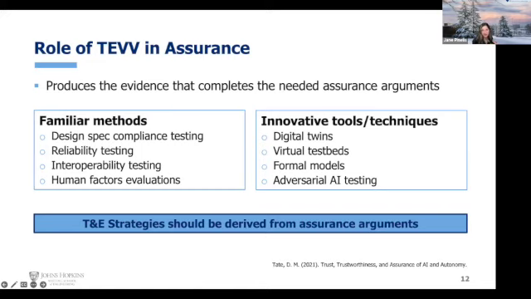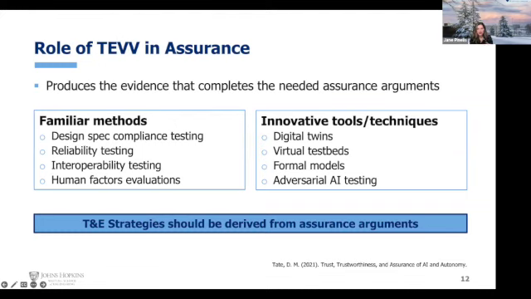And some of it, again, is going to be very familiar to a lot of testers, like testing whether we're complying with design specifications, can it fly in different weather at such and such altitudes and things like that. Reliability testing, mean time between failures, right? How long until the engine fails? Interoperability testing, does this part of the system interoperate with all of the other parts of the system with which it's meant to interoperate? And of course, evaluating it with humans.